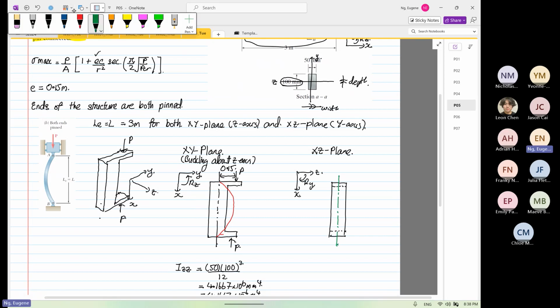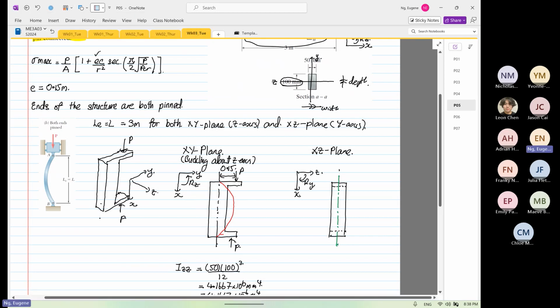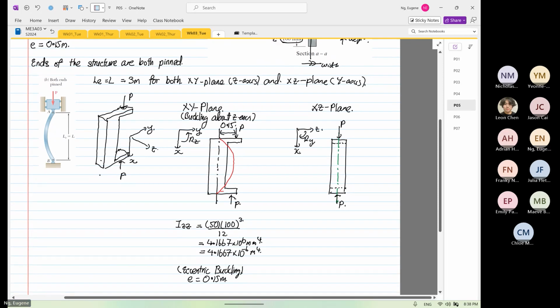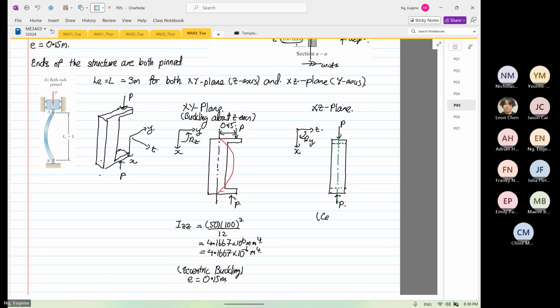And now if you were to look at P, it is acting directly at the geometric centroid, right? So we know that now this becomes centric buckling. Why is it centric buckling?